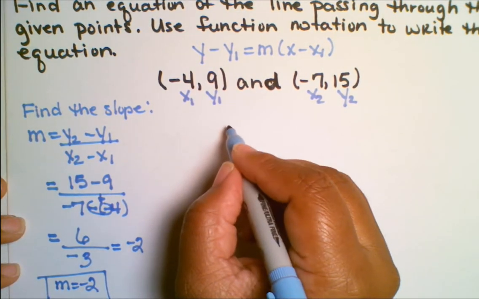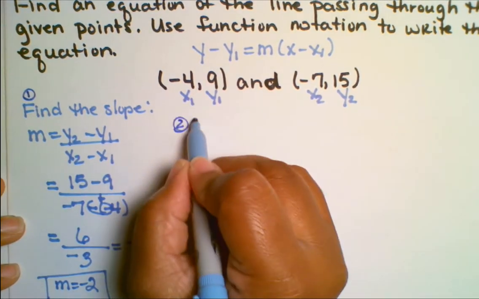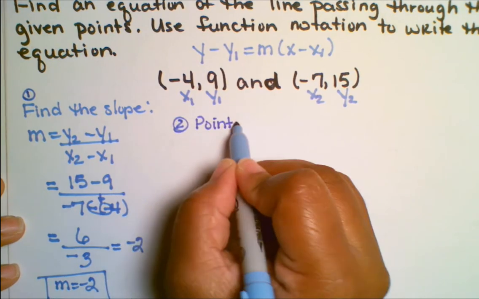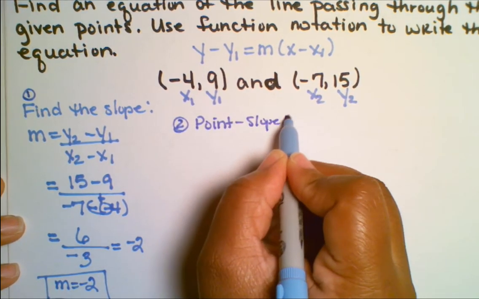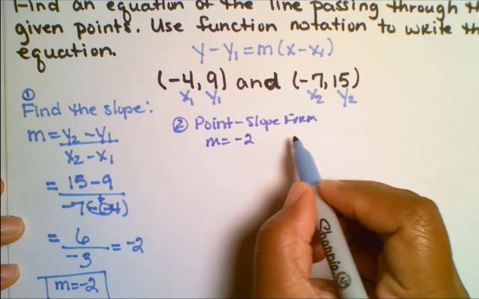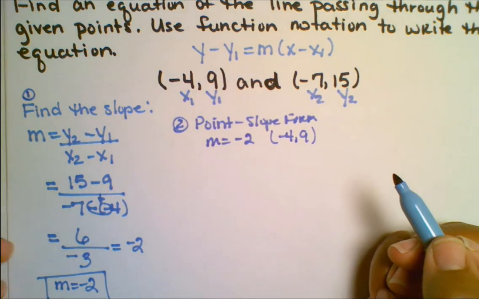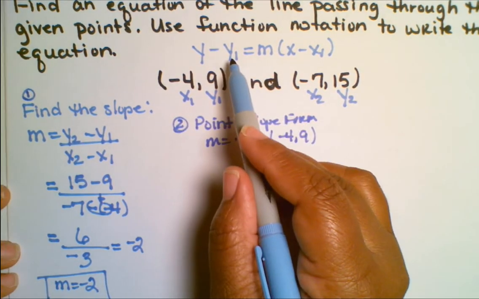Using the point slope formula, we have the slope, which is negative 2, and a set of ordered pairs, which is negative 4, 9. Let's plug it into the formula.